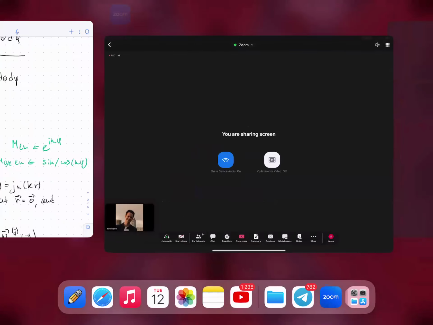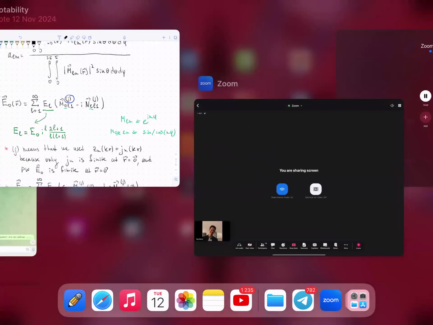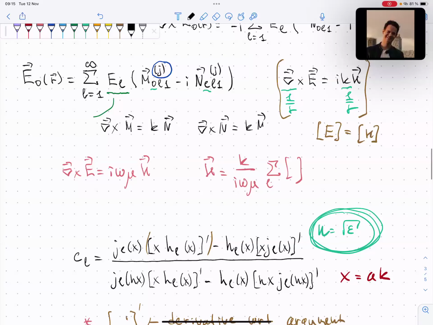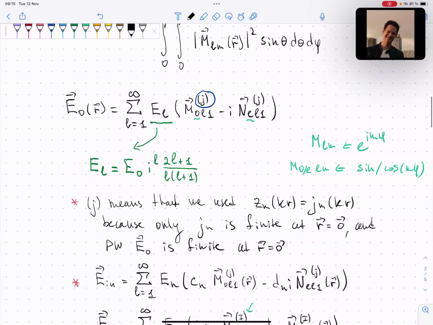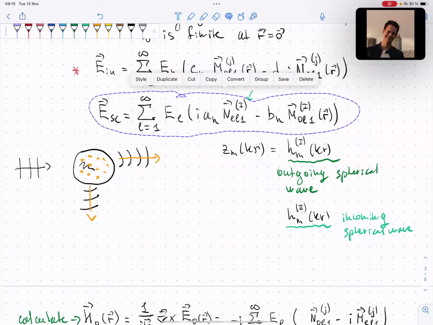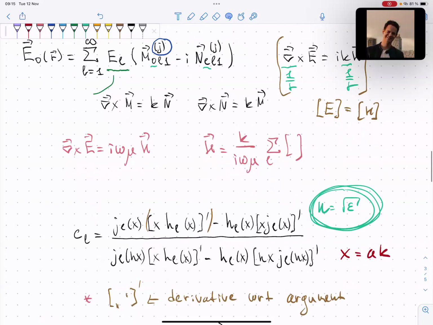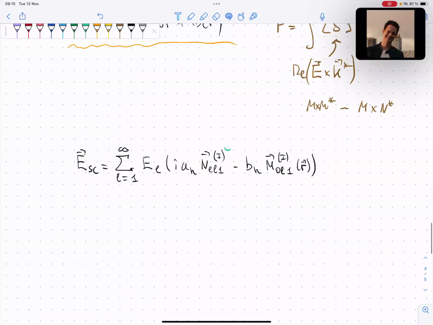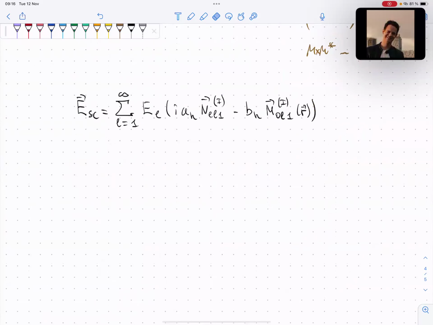So here we have the electric field. Here we have a lot of different harmonics, from L equal to 1 to L equal to infinity.